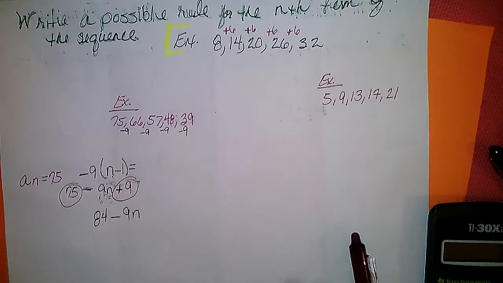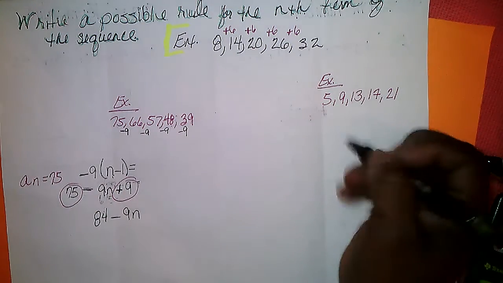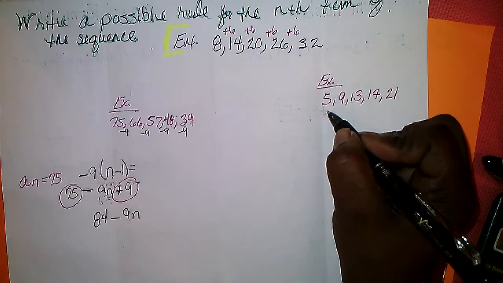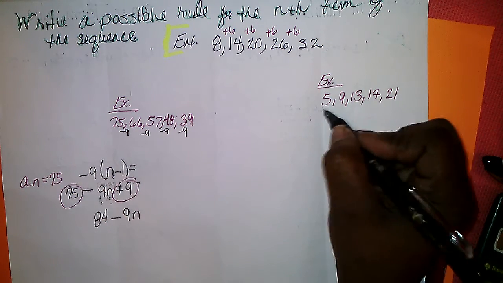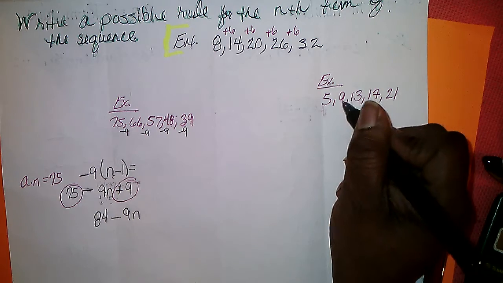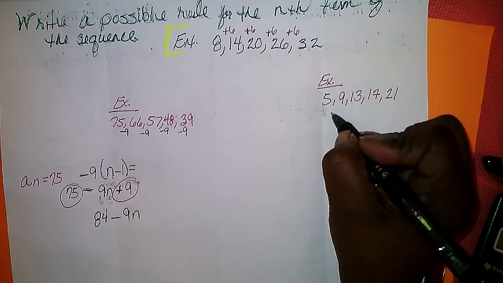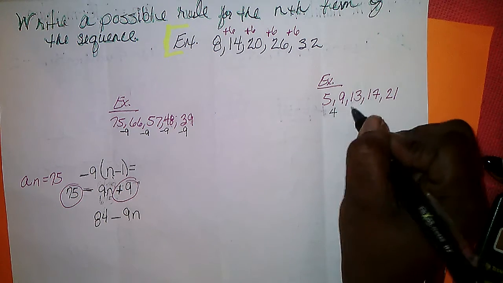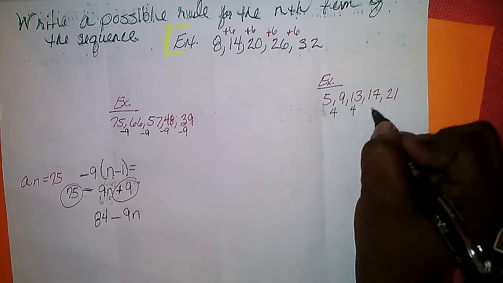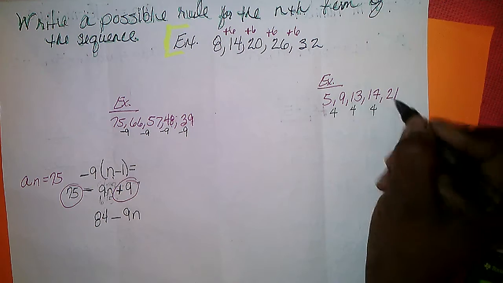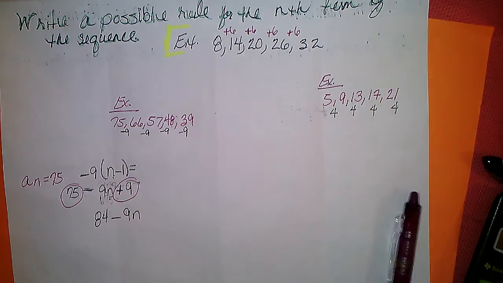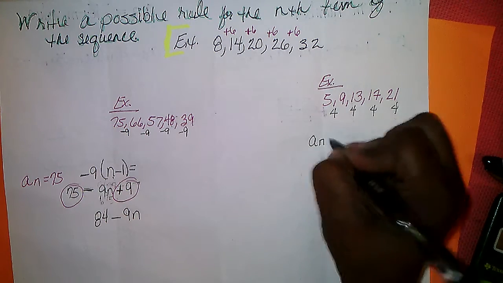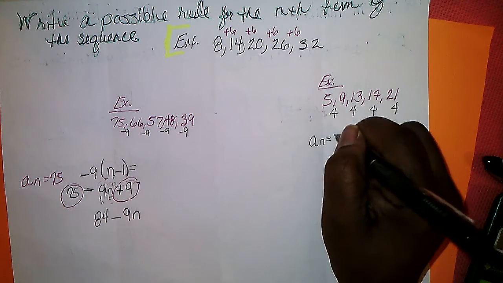Okay, so let's look at the next one. Number 1 is to identify the differences. The difference between 5 and 9 is 4, and then the difference between 9 and 13 is 4. 13 and 17 is 4, and 17 and 21 is 4. So we know our a sub n is 5, and that's the number that we start with.